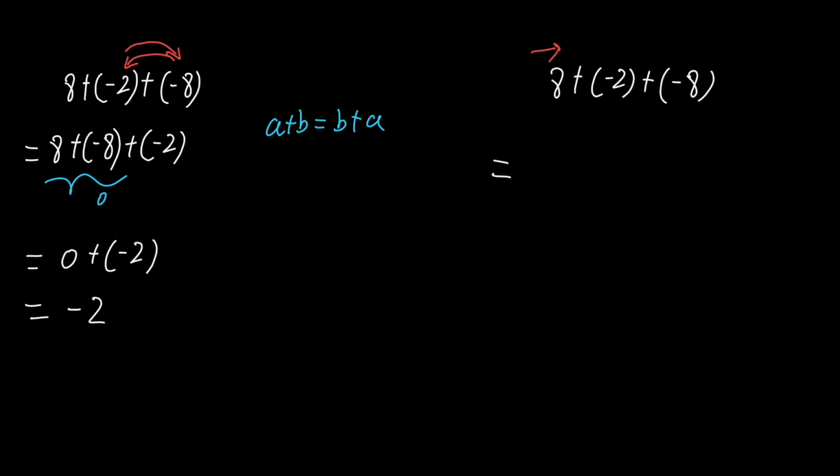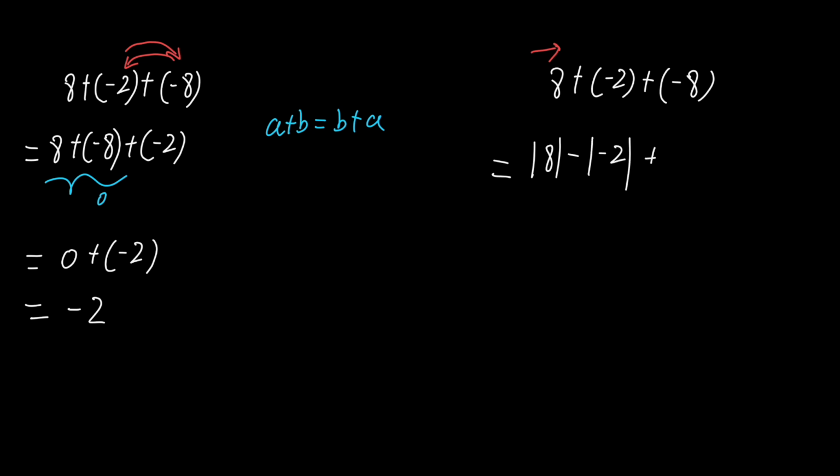So we see there's a positive number and a negative number. They're different signs. Then we've got to subtract their absolute values. But which one goes first? We don't care about the sign right now. We only care about 8 and 2. So 8 is greater than 2. So we're going to use the absolute value of 8 minus the absolute value of -2.